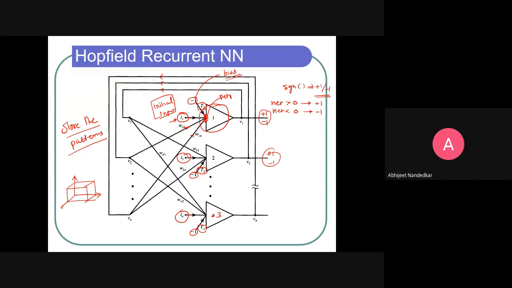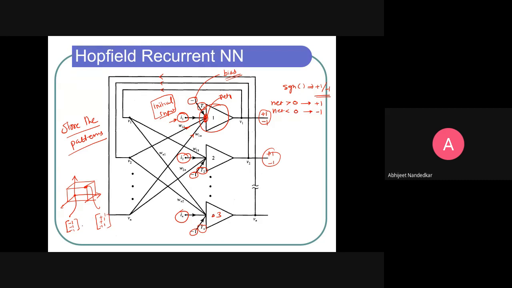Okay, so the bottommost point here would be -1, -1, -1 for all the neurons producing -1 outputs, and the top point will be +1, +1, +1 when all neurons are producing +1.